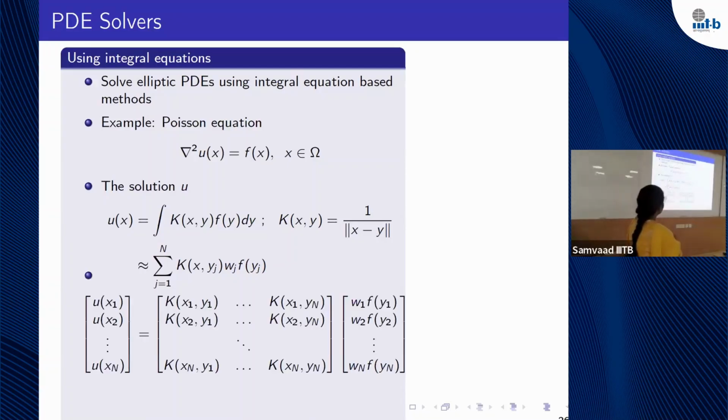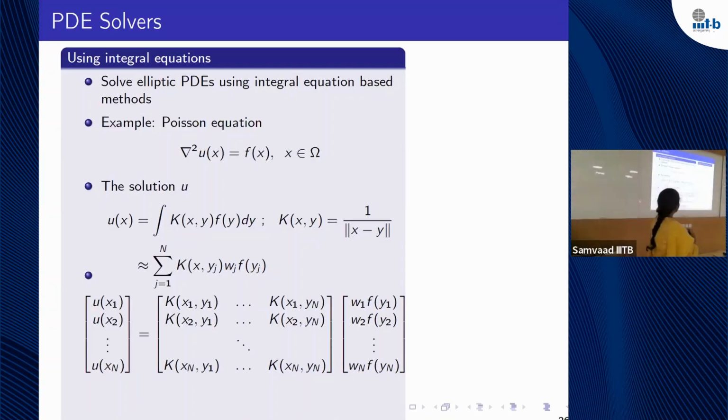And when I represent it in a matrix vector format, where u is evaluated at x1 to xn, I have this structure. So here again I have an n cross n matrix where each matrix entry is an evaluation of this kernel function. So I can therefore solve Poisson equations using better algorithms, say an O of n algorithm or an O of n log n algorithm, if I approximate this kernel matrix using hierarchical matrix structures.